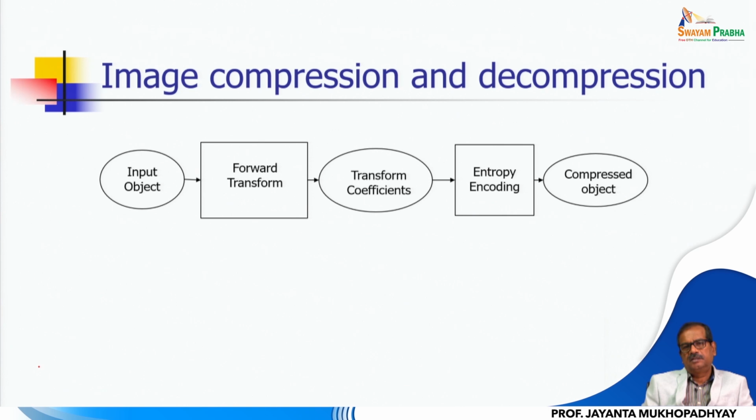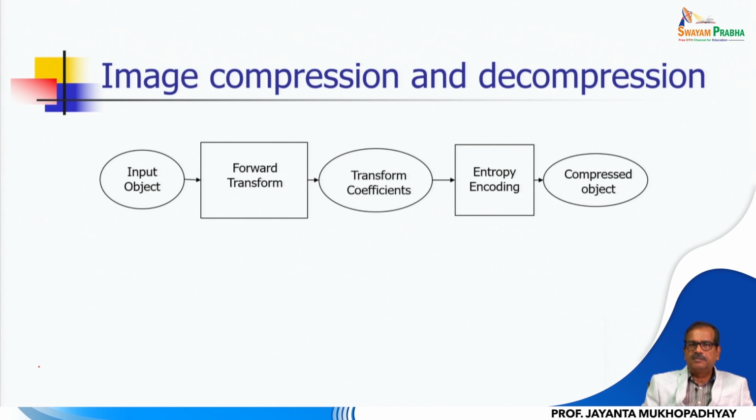That means there are certain symbols. By exploiting the statistics of the symbols, we perform some encoding so that it is an efficient representation. So this is what a compression does.